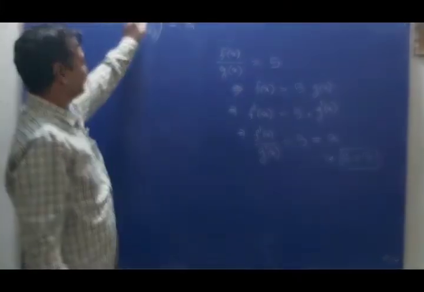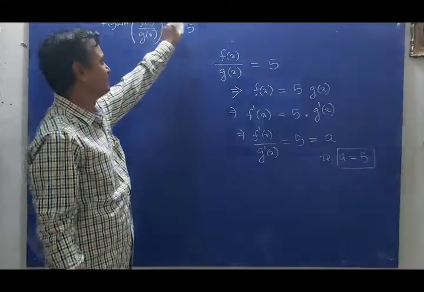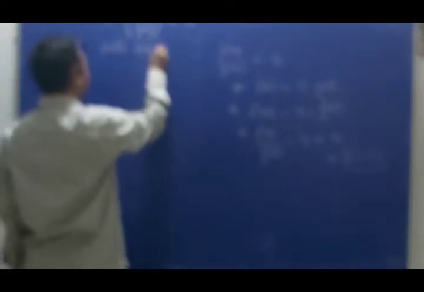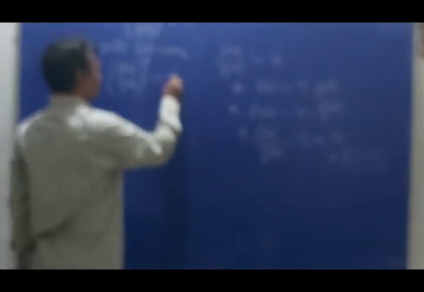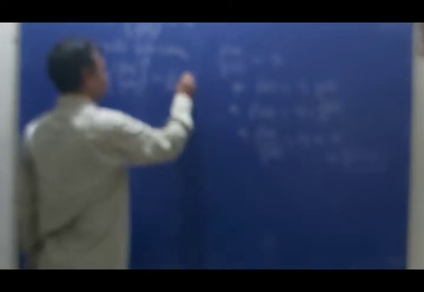The derivative of the left side is equal to the derivative of the right side, so let us differentiate both sides. f of x by g of x whole dash is equal to the derivative of 5, d by dx of 5.